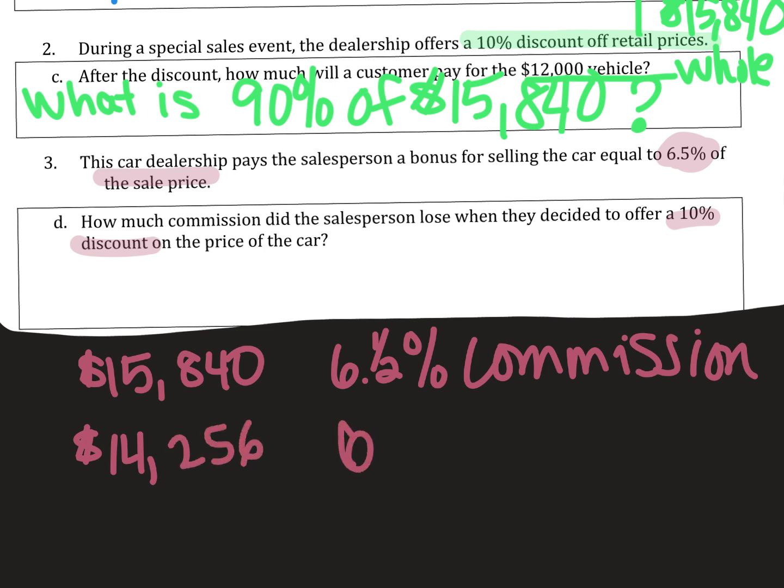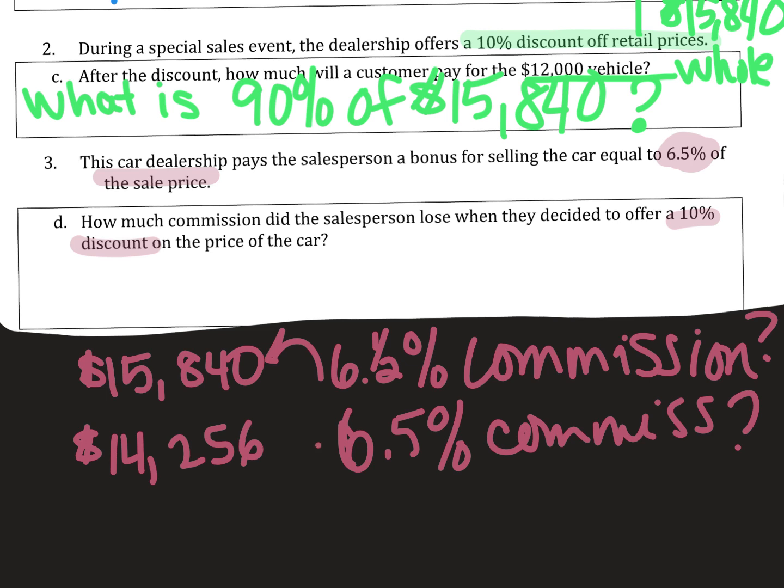So what is 6.5% commission on each of those, right? Then I'm going to take the smaller commission and subtract it from the commission he would have gotten before the sale. And that's how much commission he lost when they decided to do a 10% discount. Okay, go ahead and work on that.